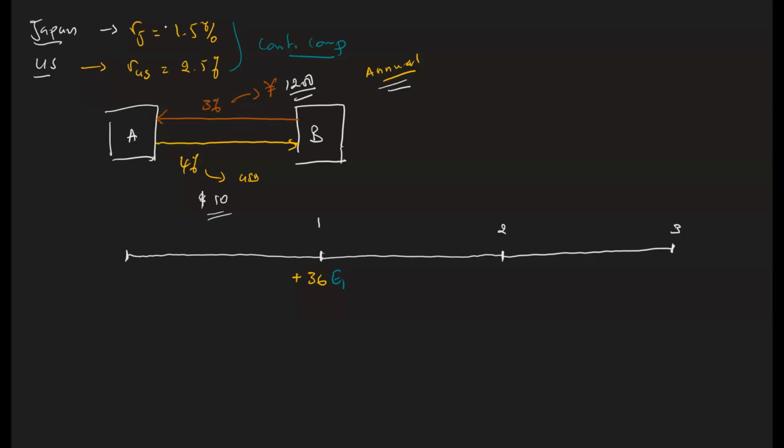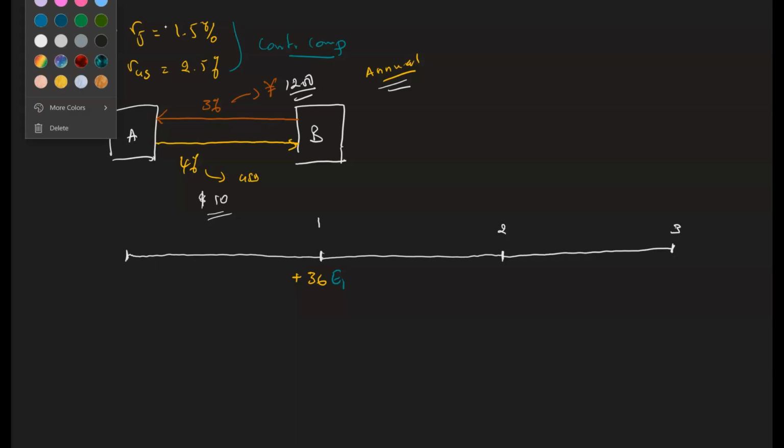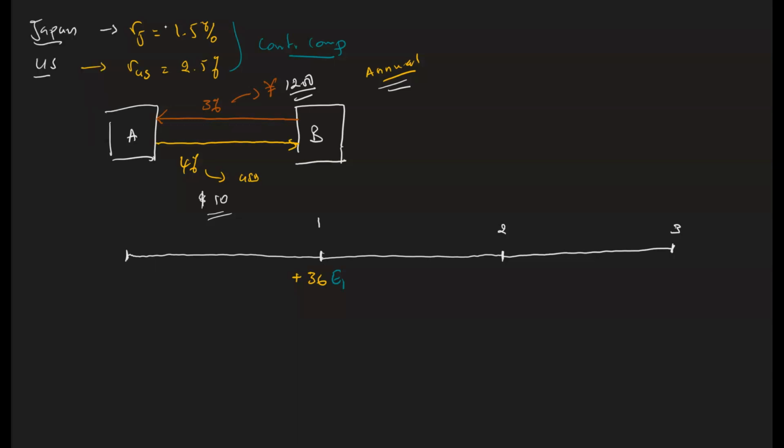In exchange for that, we are going to pay 4% out of 10 million, and so 4% out of 10 million is 0.4. So we're going to be paying minus 0.4, and that's in US dollar. Now this is going to make up the cash flow that we get at that point in time. Remember, we need to find the present value of that cash flow.